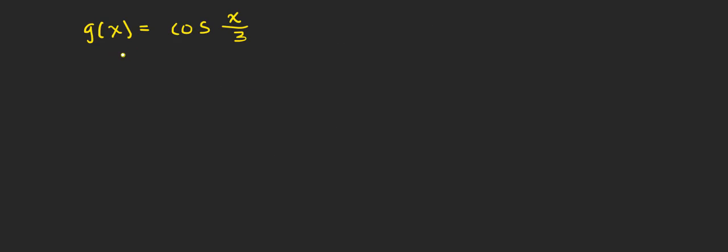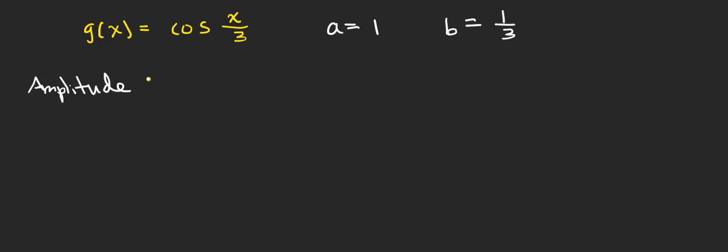So let's try to graph g of x equals cosine of x over 3. What is A? A is 1. And what is b? B is the coefficient of x, which is 1 over 3. So the amplitude is the absolute value of 1, which is 1.